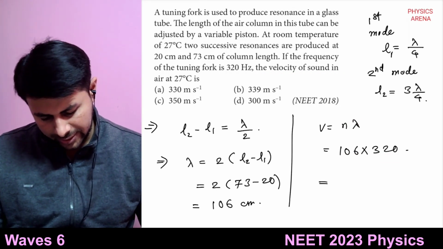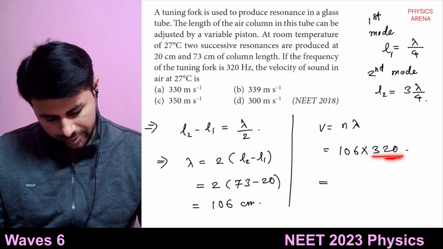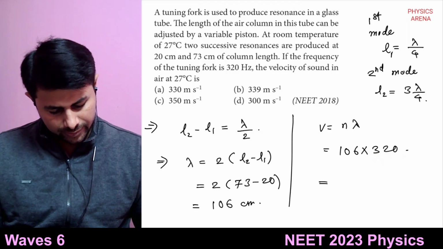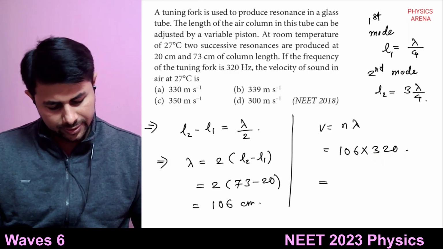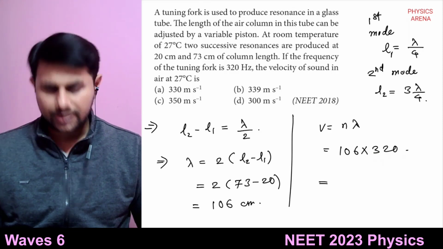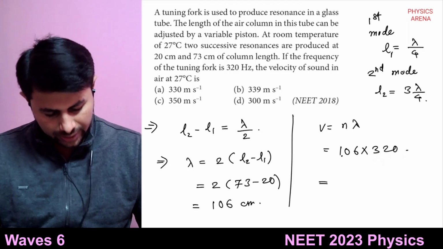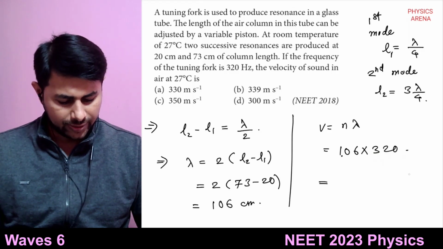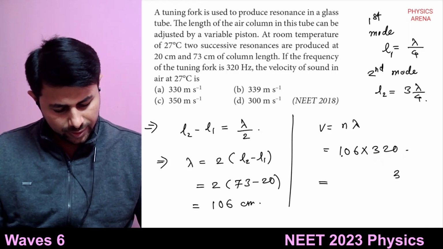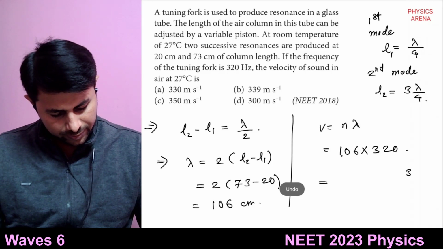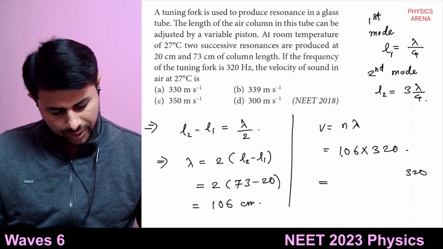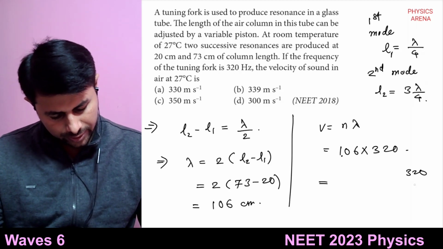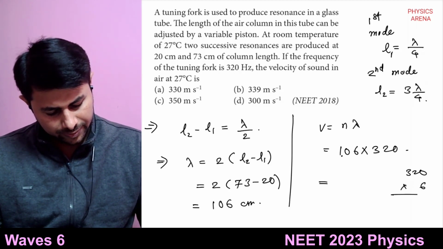It will be higher than 320. This is centimeters. Okay, that is 1.06 in meters. So 320 times 1 is 320, and then you have 320 multiplied by 6.